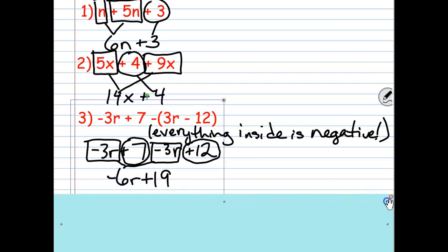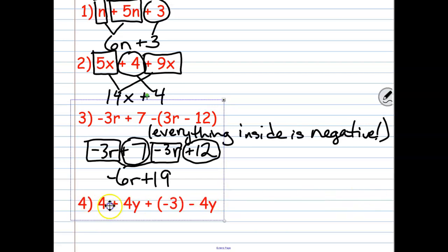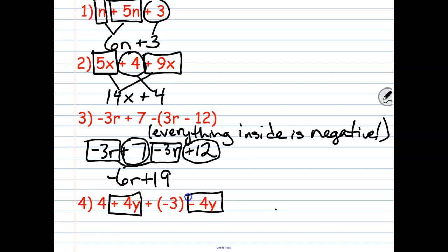All right, last one for the notes, and then we'll call it quits for this video. All right, so I'm going to be on the lookout for any negatives on the outside of parentheses, which I don't have. So now I can just go about my business of boxing my variables. Grab those signs. I'm going to circle my constants and just grab the sign closest.